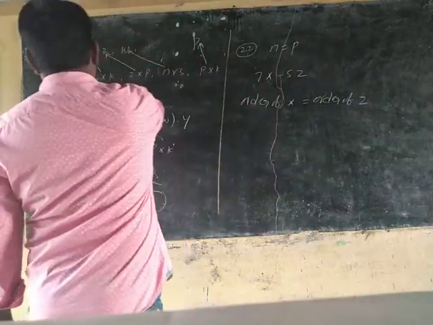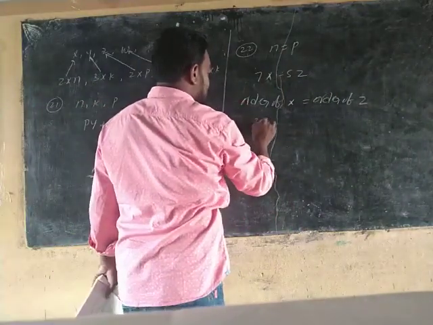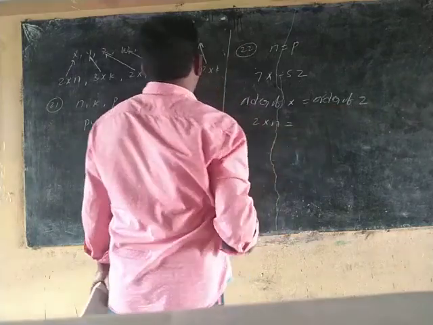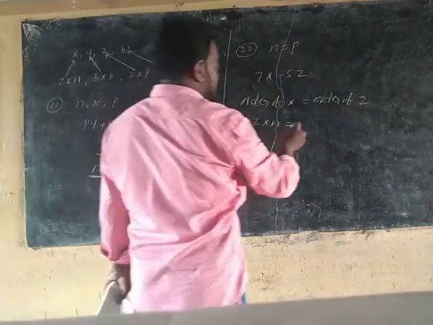What is the order of the X matrix? 2 cross n is equal to the order of Z, which is 2 cross p. So what are we getting? p is equal to n. So the order of this matrix is nothing but the order of X or the order of Z. The order of X is 2 cross n, or the order of Z is 2 cross p.